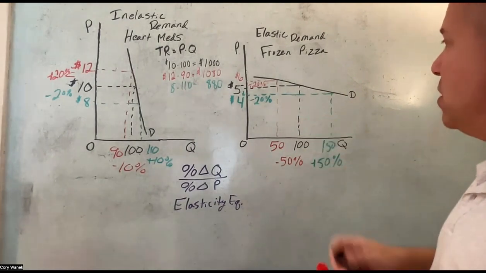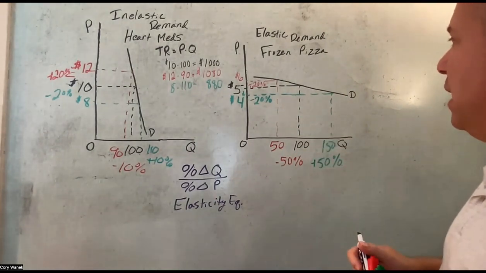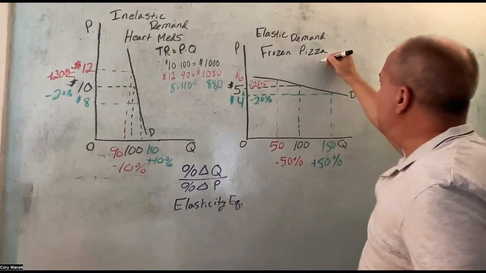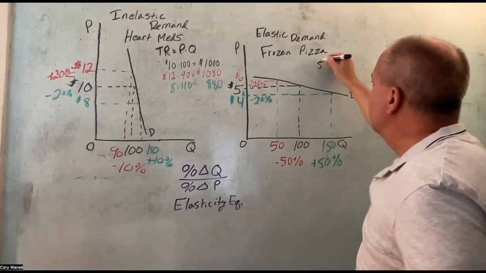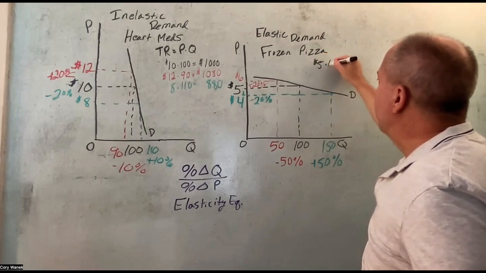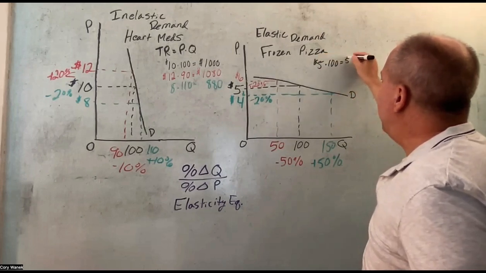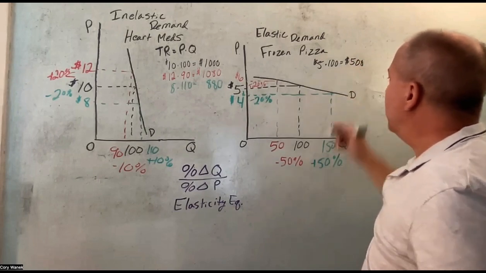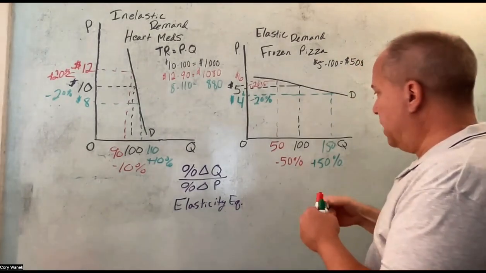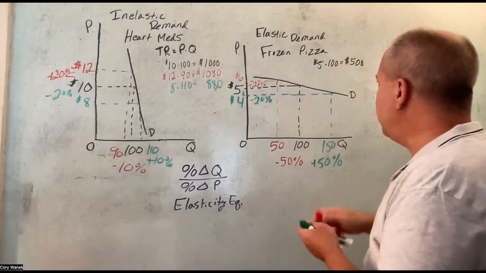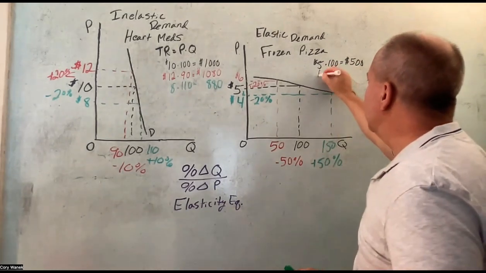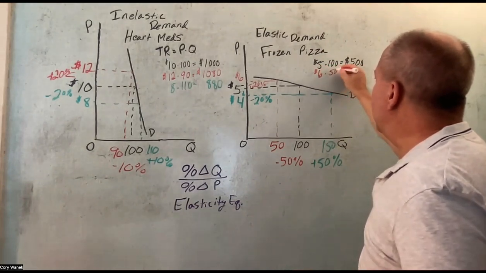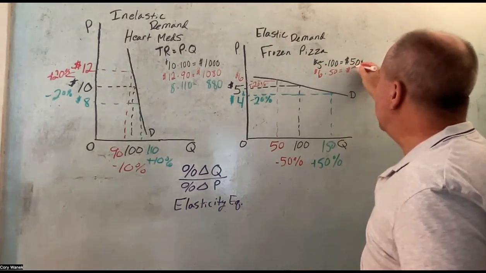Let's talk about what happens to the revenue over here for the elastic demand. It started out with $5 times 100, so we had $500 for total revenue initially. When the price went to $6, $6 times 50 is only $300.